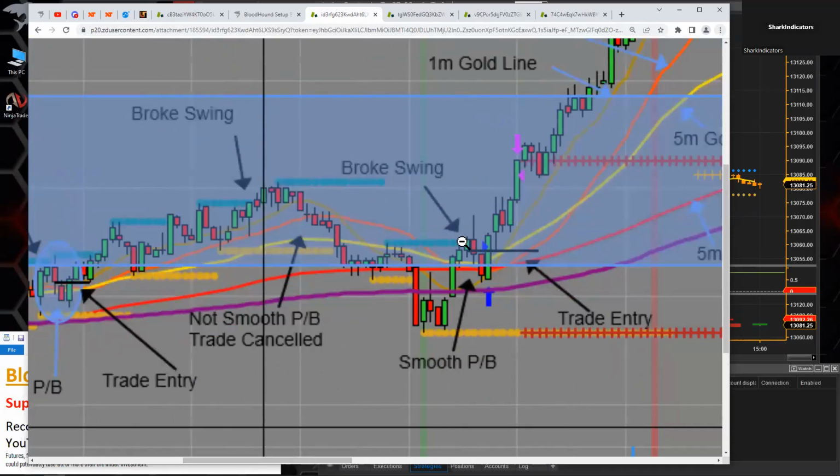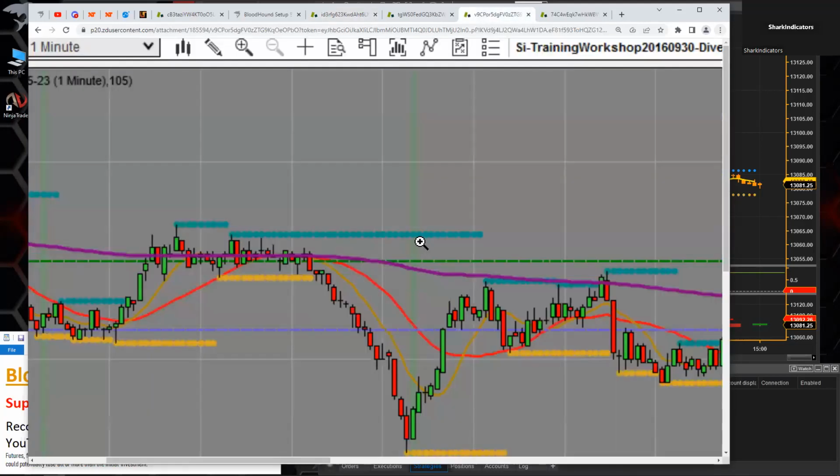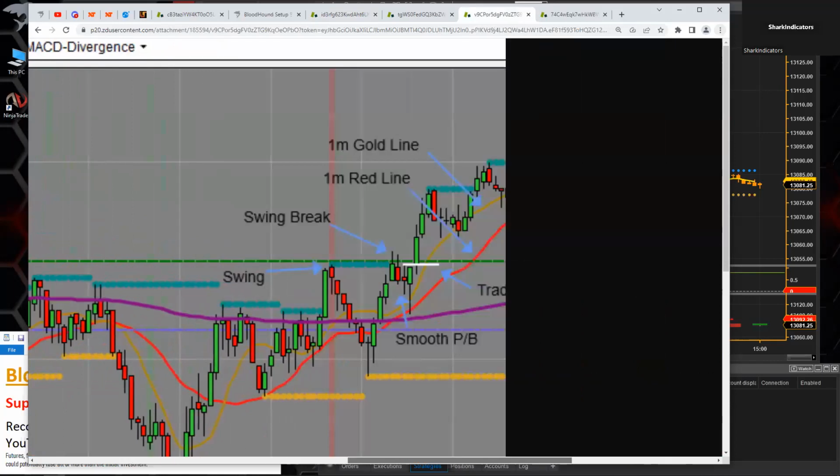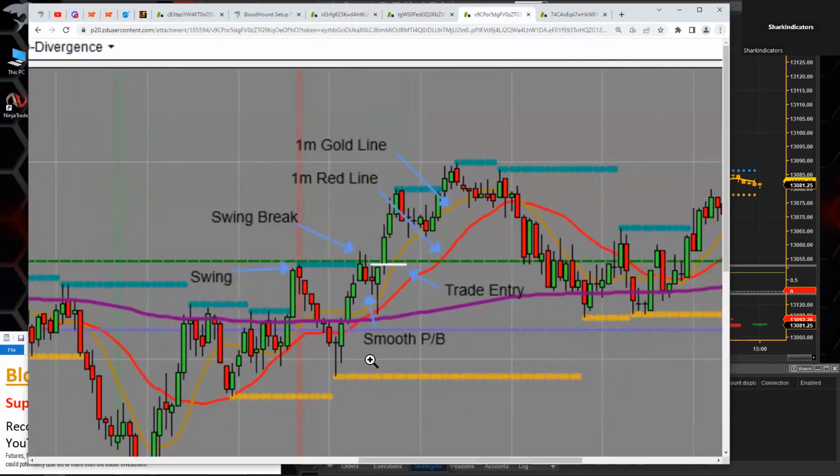All right. Okay, let's take a look at this third screenshot that I have here. Let's see here. Oh, perfect. Yeah, look at this guy. So here's a great, good classic example of a smooth pullback, right? So this long green bar broke this swing low down here, right? And then we started getting a down bar.